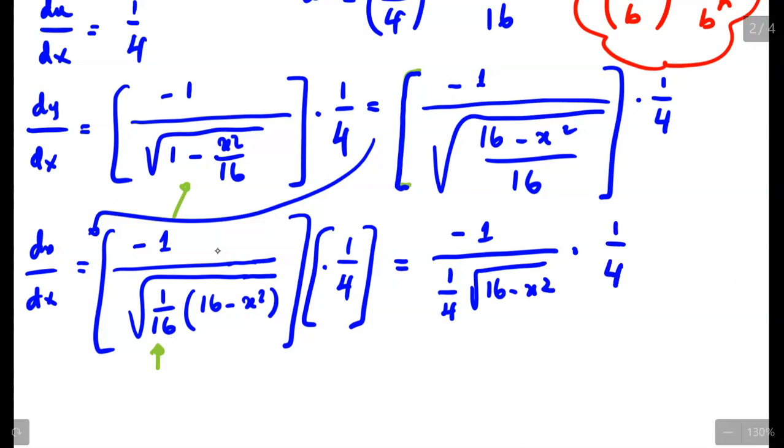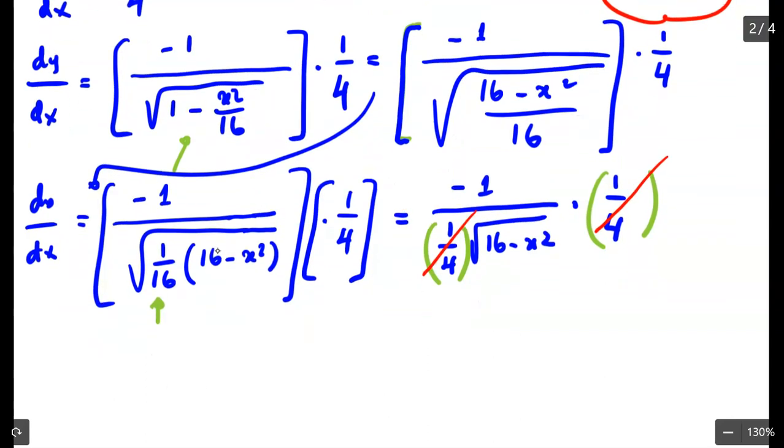So the purpose of that is I would like to write it in a way that you see you multiply by 1 over 4, and here is 1 over 4 as the denominator. You can go ahead and cancel this out. That cancels with that.